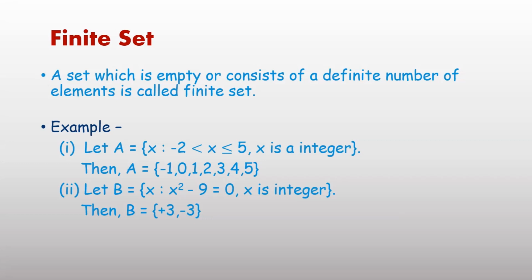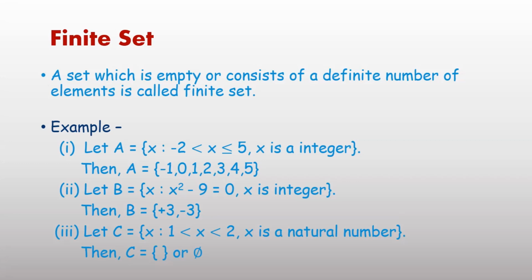The set having no element or finite number of elements is known as finite set. One more example is here. C, natural number between 1 and 2. In this case, there is no element. It is example of null set, and it is also known as finite set.